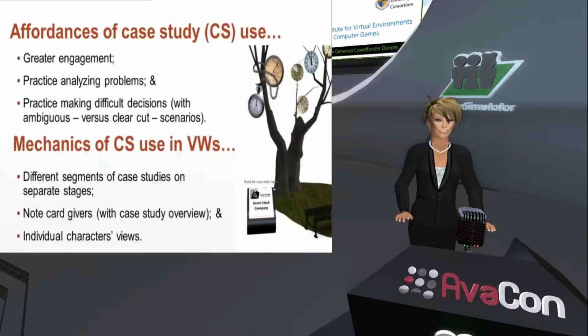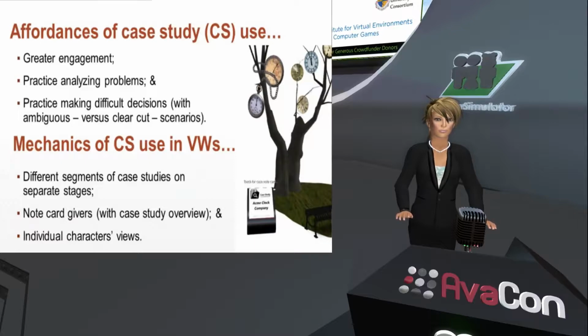Starting with the affordances of case study use, there's greater engagement. Students get practice analyzing problems, and in particular get practice making difficult decisions with ambiguous versus clear-cut scenarios. And then next, looking at my approach, I separate the case study scenarios into different segments and then use different virtual world stages for each segment.